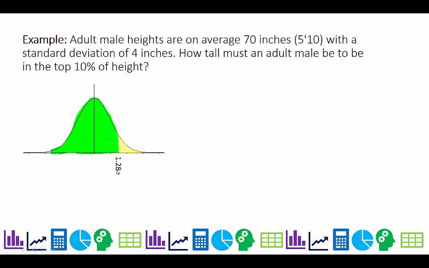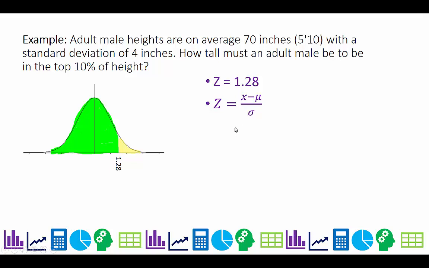Let's go ahead and return to our example. How tall must an adult be to be in the top 10%? We know this z-score is 1.28, so I can start with that. Let's get back to our formula. Z equals x minus mu over sigma. So your test statistic equals your statistic minus your parameter all over your standard deviation.